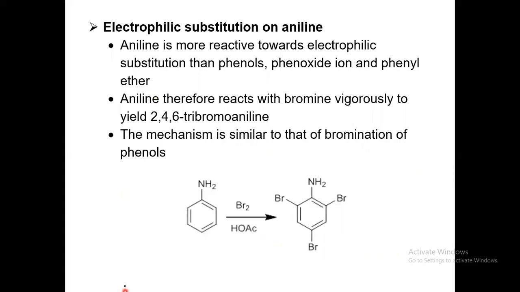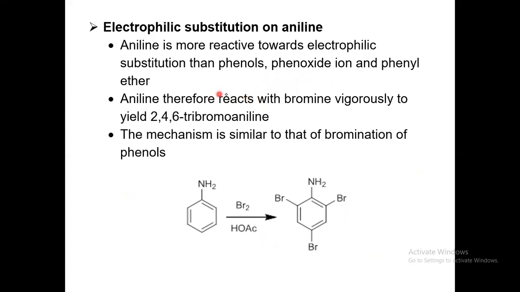We are coming to aniline. It might interest you to know that aniline is more reactive than phenol towards electrophilic substitution. It is also more reactive than phenoxide ion, and it is also more reactive than phenyl ether.